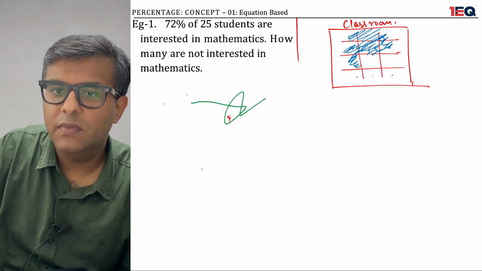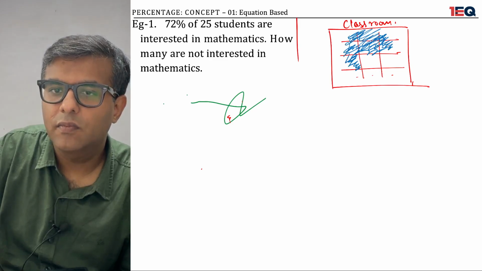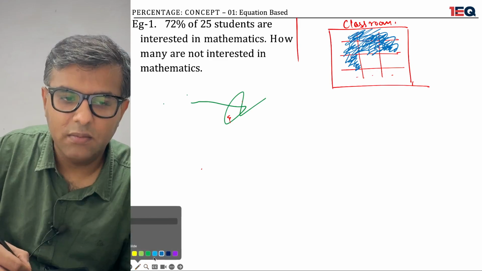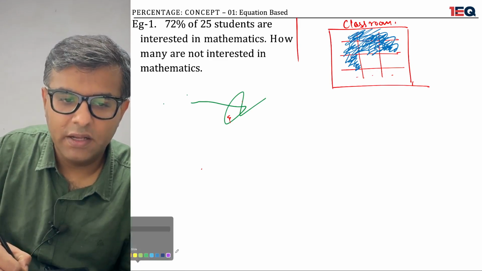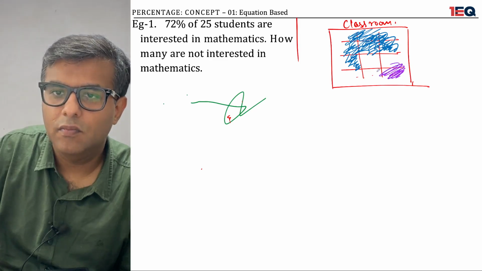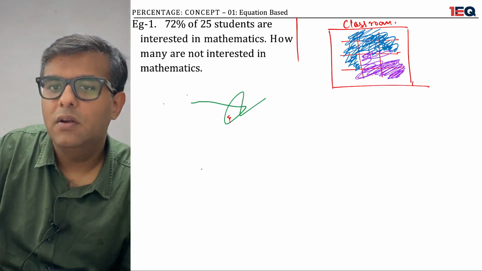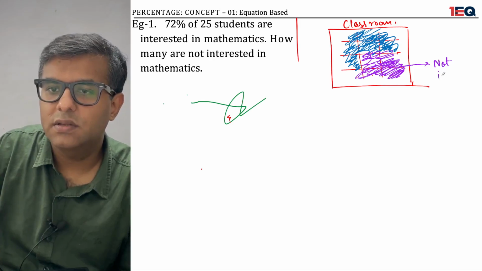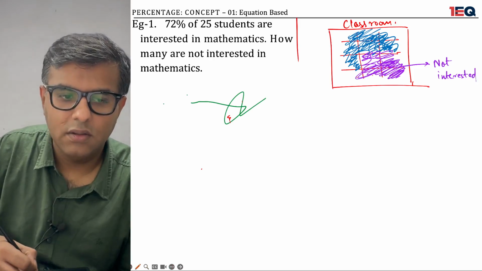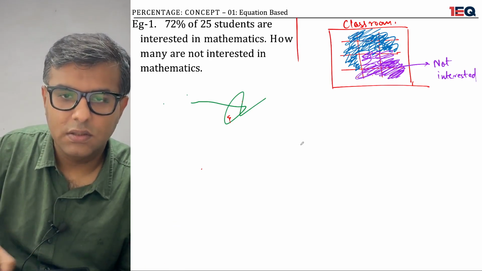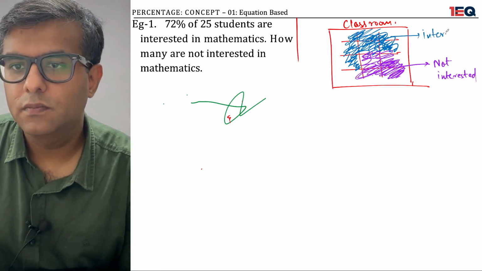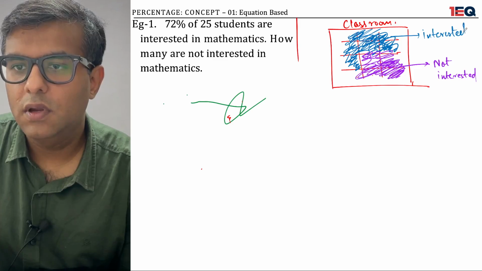I am assuming that it is interested out of this entire class. Okay, and whatever portion I'm shading by the other ink, let's say this purple ink, they are not interested in mathematics, and the other type is interested in mathematics.